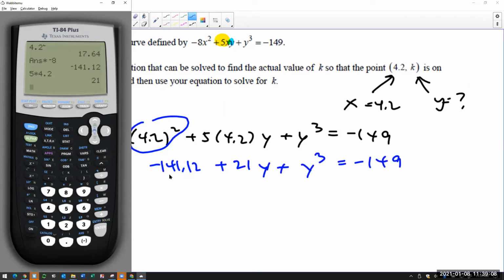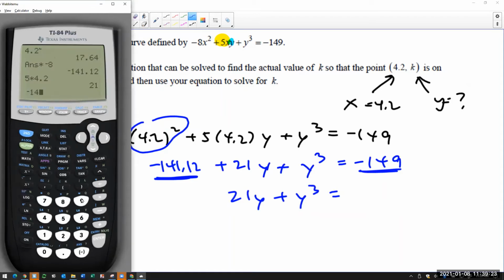Let me make this a little bit simpler because I've got a negative 141.12 here and negative 149. So that's 21 plus y cubed equals, does anybody know what that is? Say negative 149 plus 141.12. I'm going to add 141.12 to both sides. I get negative 7.88.